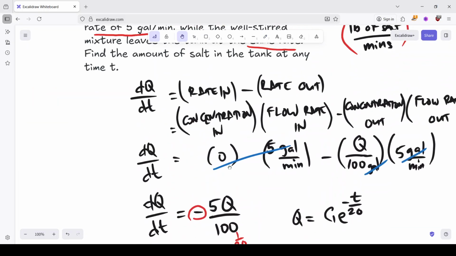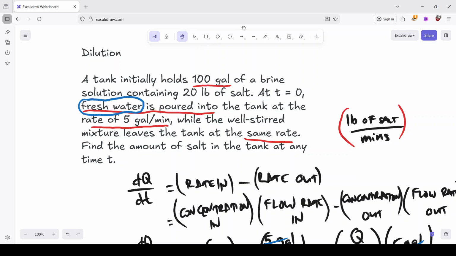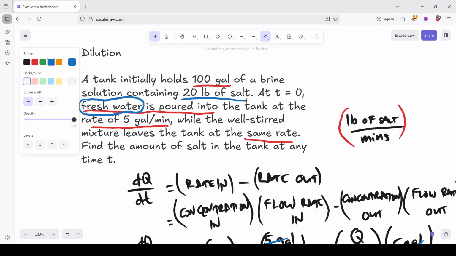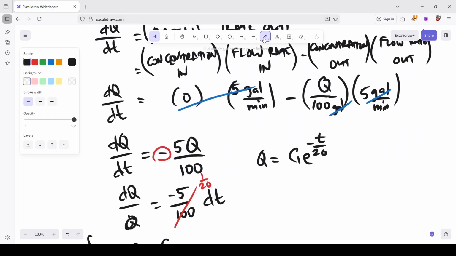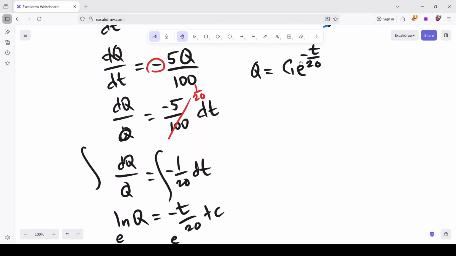Then for our given, initially the solution contains 20 pounds of salt, meaning at time 0, the amount of salt is 20 pounds.